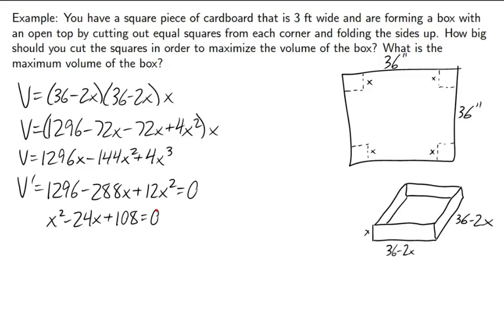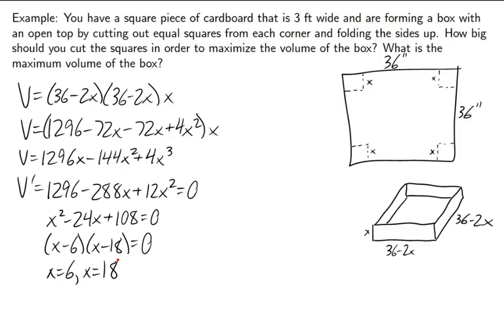That's still a little bit hard to factor, but it can be done. All you'd have to do is find the two numbers, but if you can't find them so easily, use the quadratic formula. Anyway, I get x minus 6 and x minus 18. I get x equals 6 or x equals 18 for my two possible critical numbers.